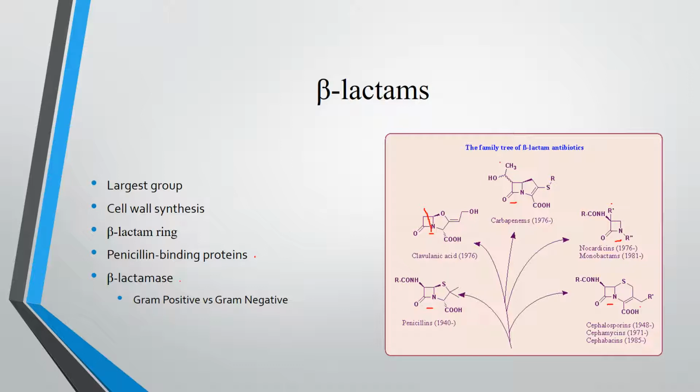And what these are targeting specifically are the enzymes essential for peptidoglycan synthesis. And these enzymes are actually anchored in the cell membrane, and as a group, all of these enzymes together, they kind of hang out in a little group, are referred to as penicillin binding proteins, or PBPs.